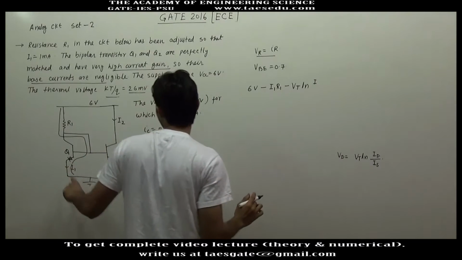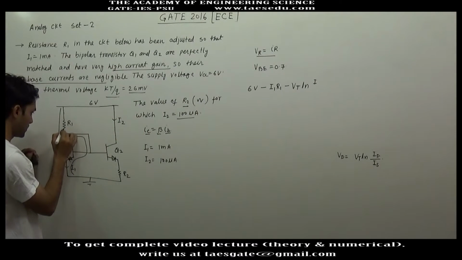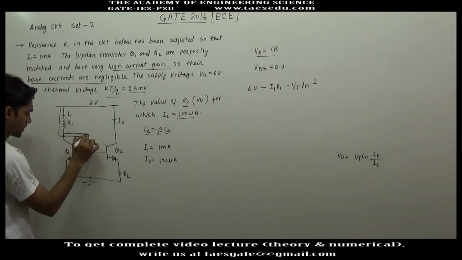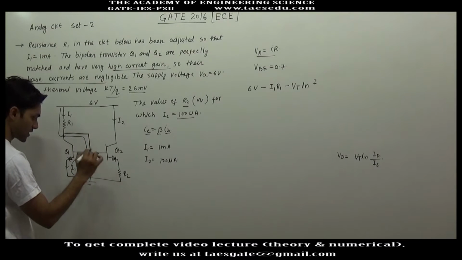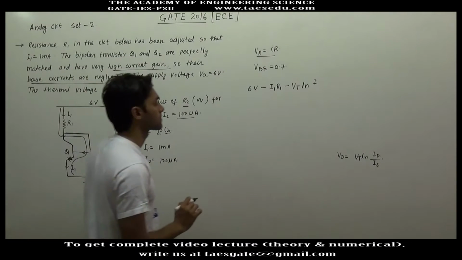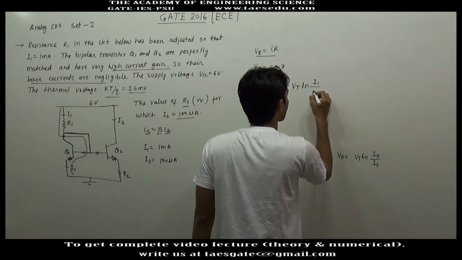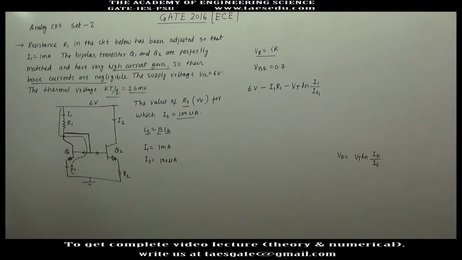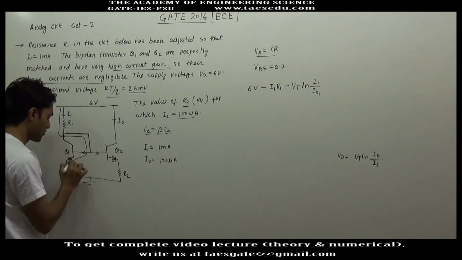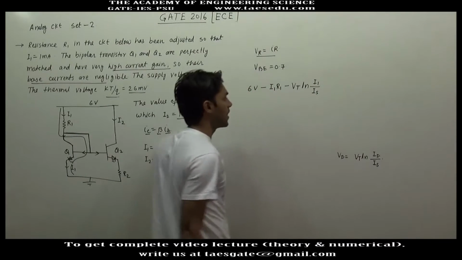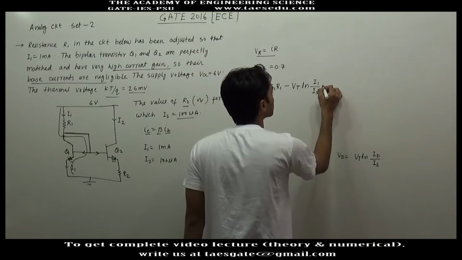The current here is I1 because the two base currents are negligible. Since the two transistors are matched, the reverse saturation current for both will be the same, so let us assume it is IS. This will be 0.